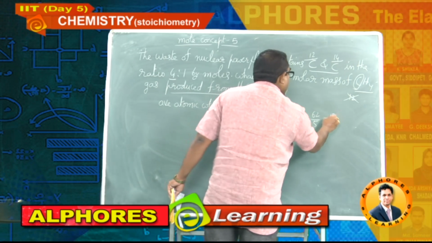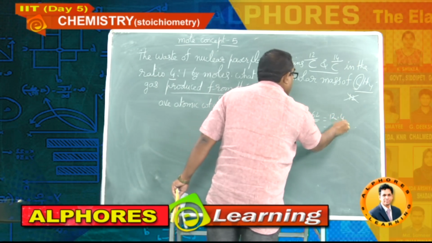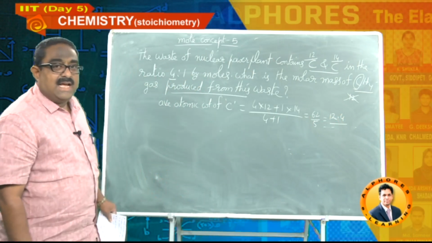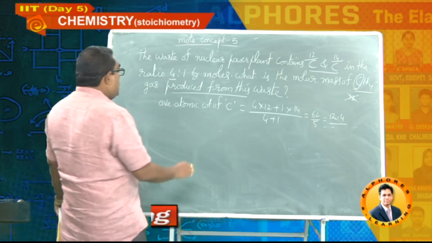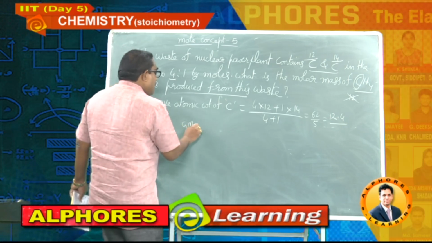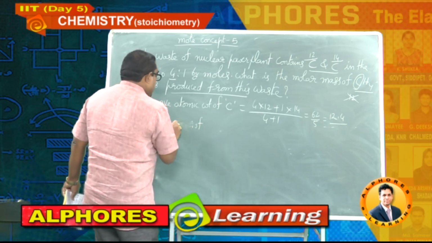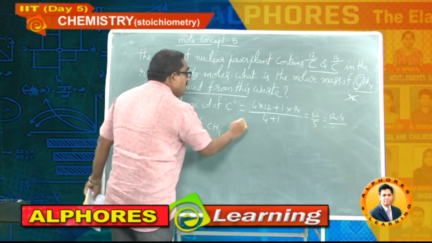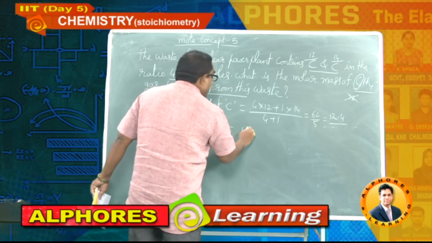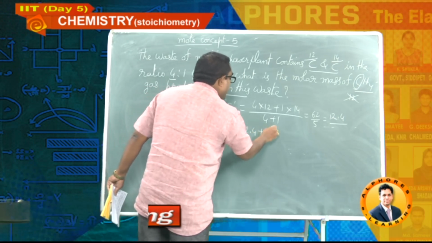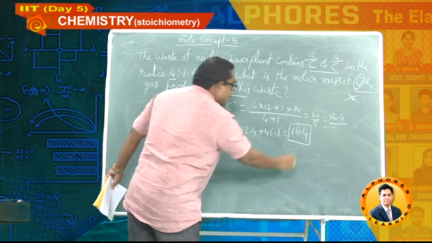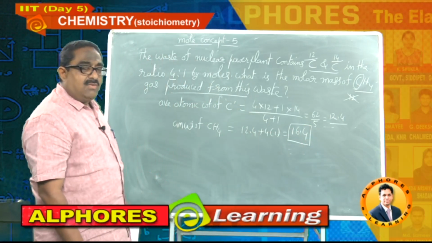We know 12 5s are 60, so 12.4. That is the atomic mass of carbon. You should consider that as 12.4. So, write down students, GMW of methane is now equal to 12.4 plus 4 into 1, that is 16.4. That is your answer.